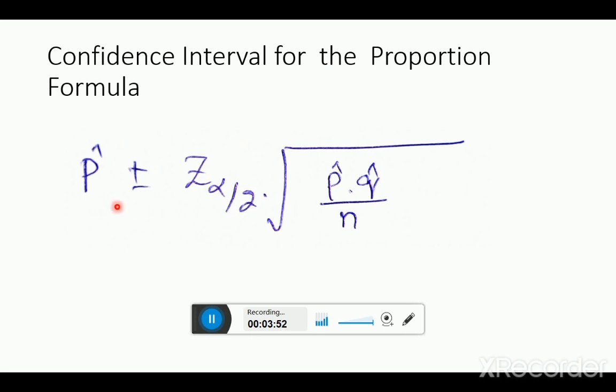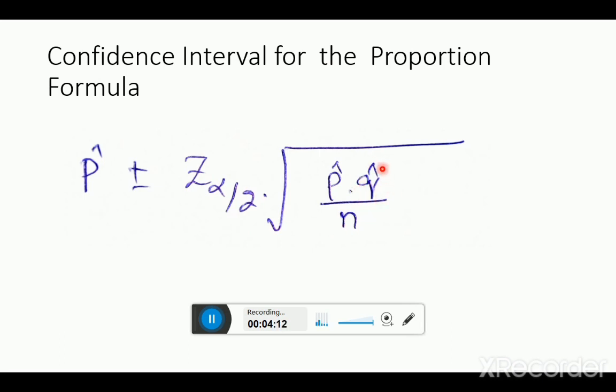So it simply means that P is greater than P cap minus Z alpha by 2 root P cap Q cap divided by N, and P is less than P cap plus Z alpha by 2 root P cap Q cap divided by N.